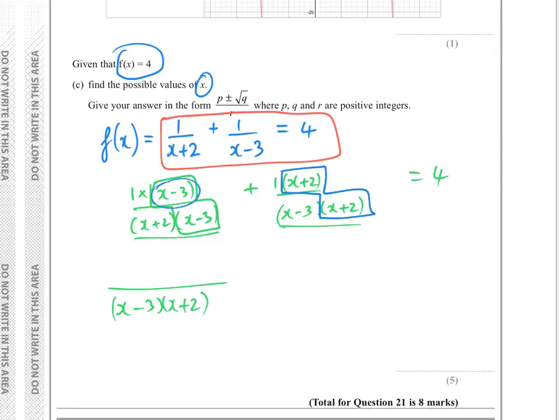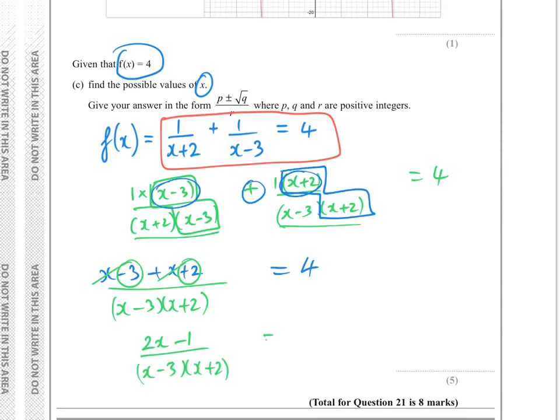Well, I have x minus 3 here plus x plus 2, and that's equal to 4. So on the numerator, I now have 2x minus 3 add 2 is minus 1. And then underneath, I'm going to have x minus 3 times x plus 2 equal 4.